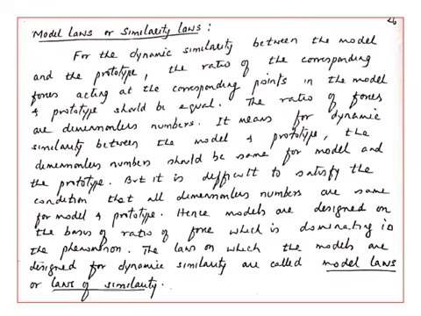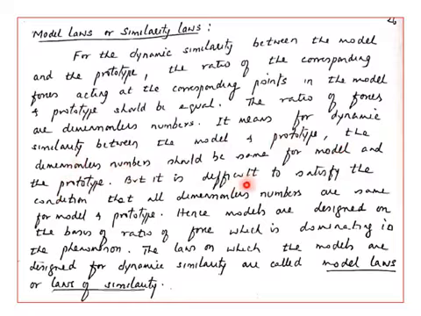Now we have said that for dynamic similarity between the model and the prototype, the ratio of corresponding forces acting at the corresponding points in the model and prototype should be equal. But we have studied that the ratios of the forces are dimensionless numbers. It means that for dynamic similarity between model and prototype, the dimensionless numbers should be the same for model and prototype.